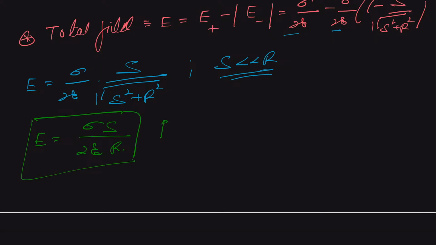This is the net electric field. So the question was supposed to be dealt with as a parallel plate capacitor in the form of a disk, but we dealt with it as two independent charged plates. And that is much more convenient to find the value of the electric field. Next question.